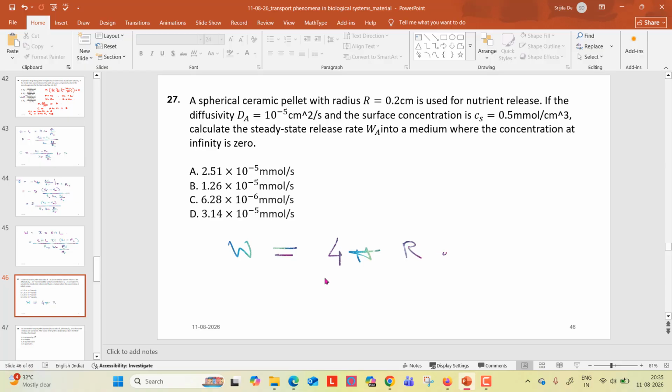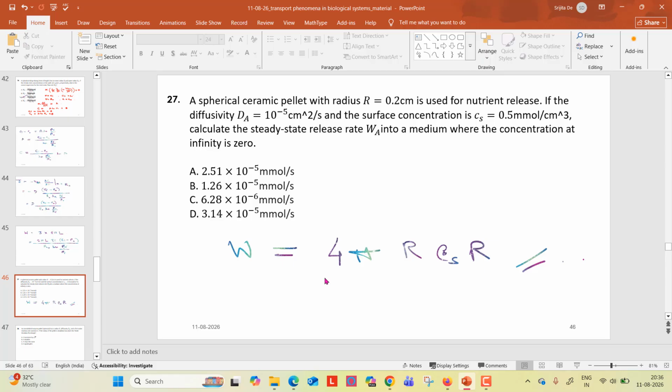This equation comes from spherical diffusion. It is the spherical pellet release rate, which is radial diffusion in a spherical pellet.